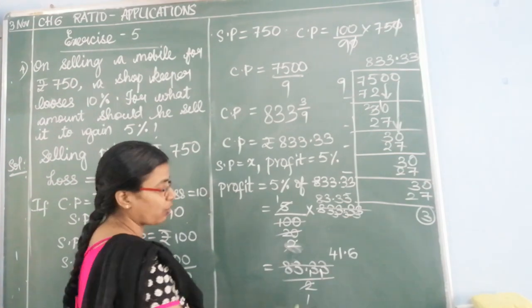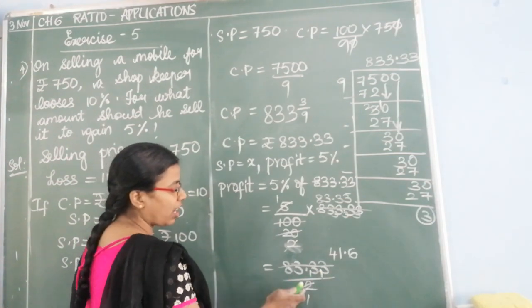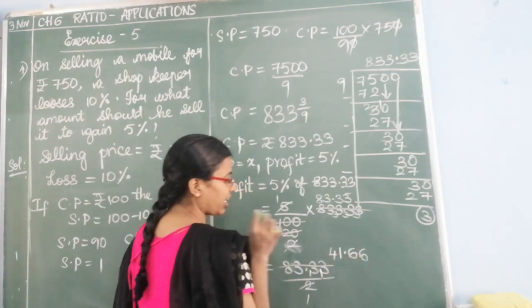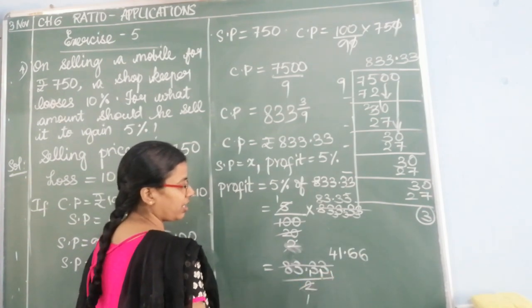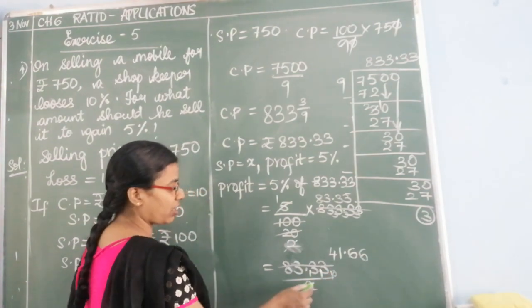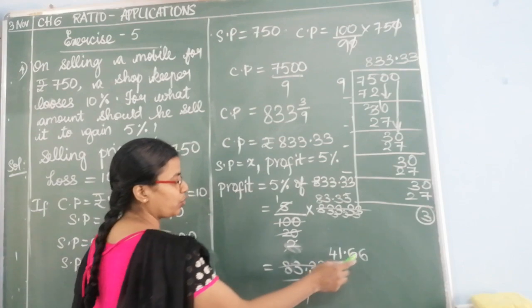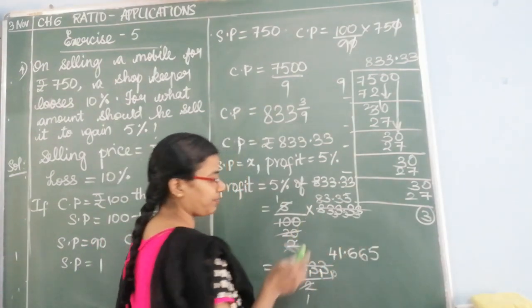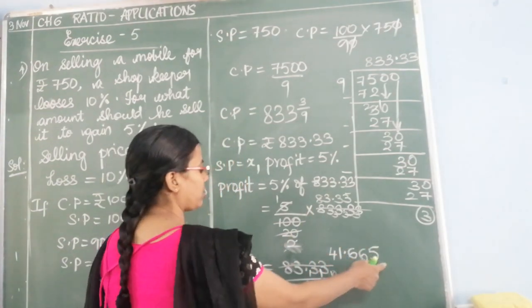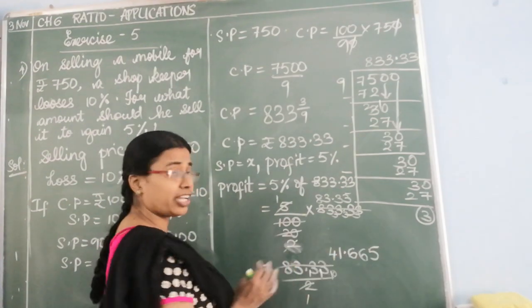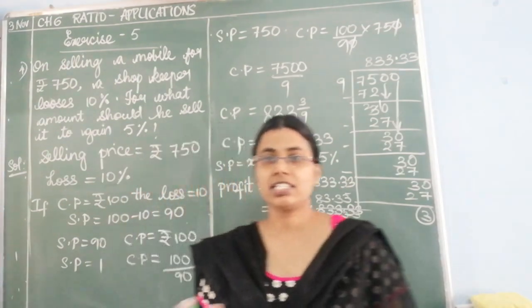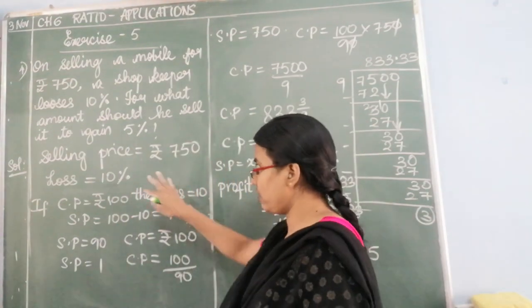The remainder is 1. So 13. Again 2 table. 2 6s are 12. 1 is the remainder. Because point is there, you can write a 0 there. So 10. 2 5s are 10. 2 digits you can stop or 3 digits also you can take. Understood till here? Still a little bit is there, that also I will tell.